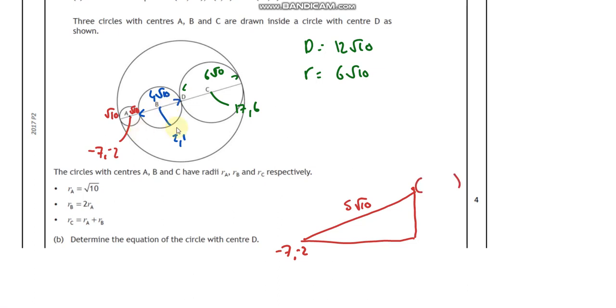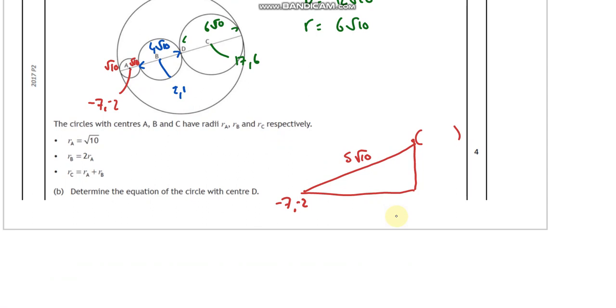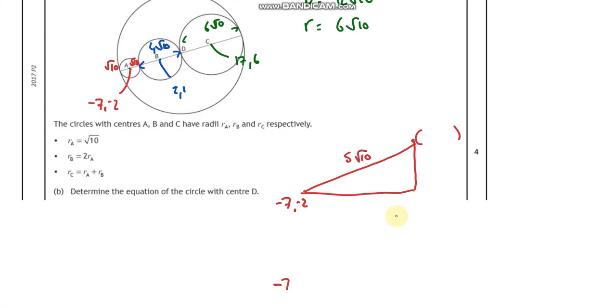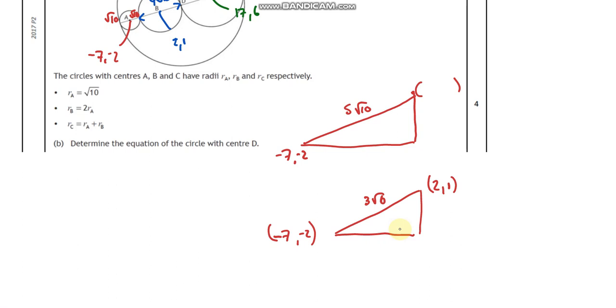Now, what I do know is that if I start on -7, -2 and I go up to point B, which is 2, 1, I have travelled 3 √10s. So let's see how horizontal and vertical that is.